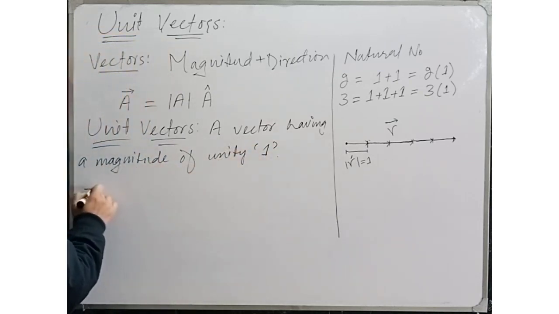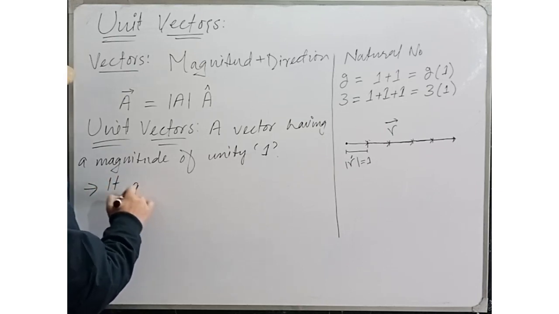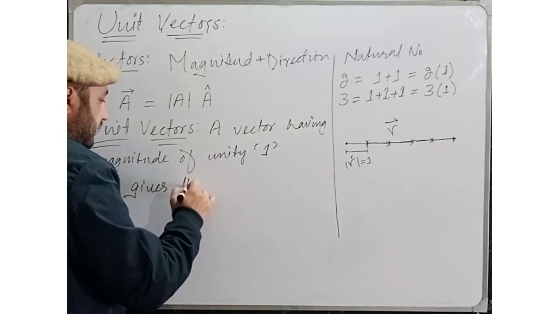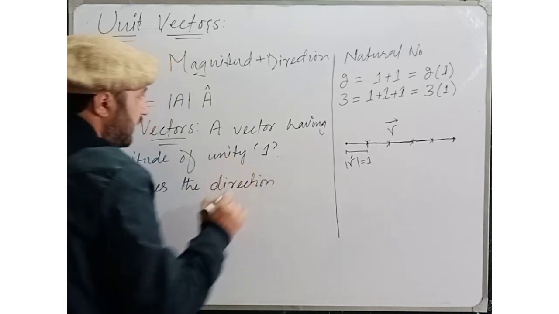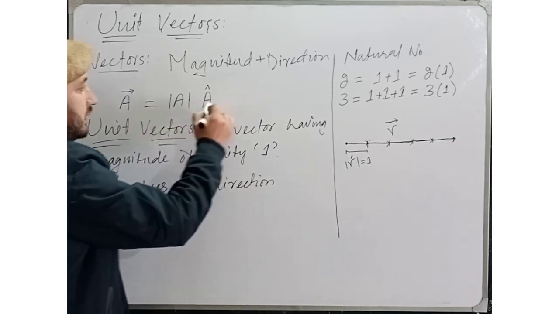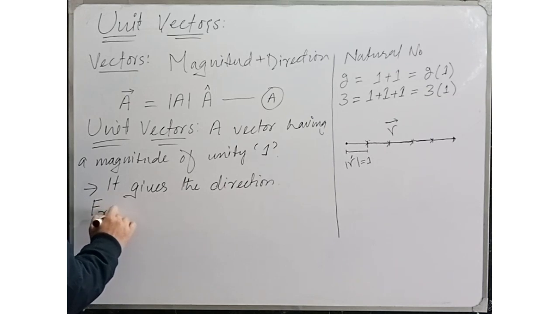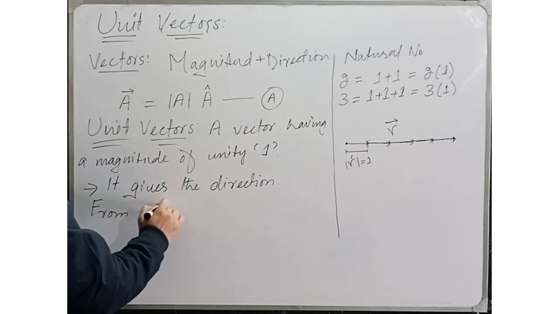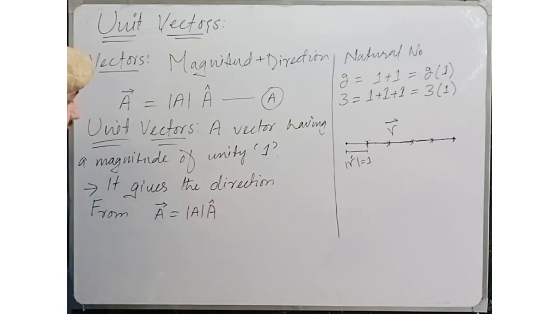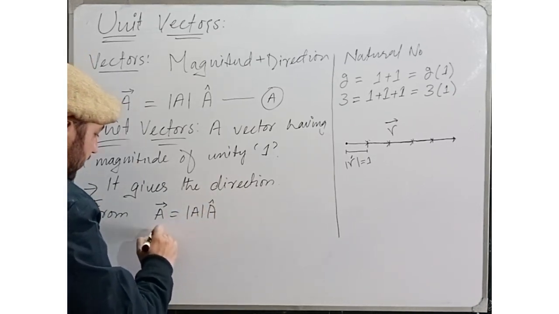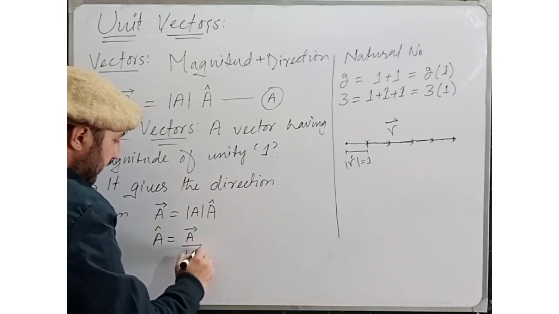So it only gives us an idea about the direction, and you can see from this equation, let's call this equation A. From equation A, we can write that a vector A is written in terms of its magnitude and unit vector. So this unit vector A cap can be written as vector A divided by magnitude of A.